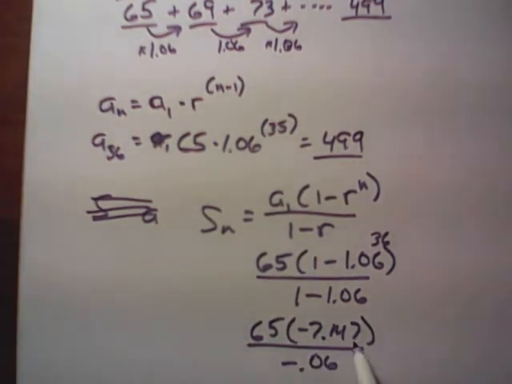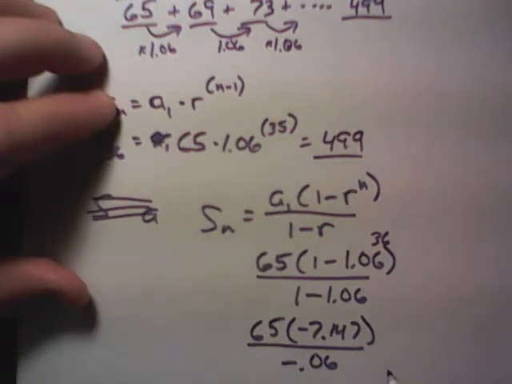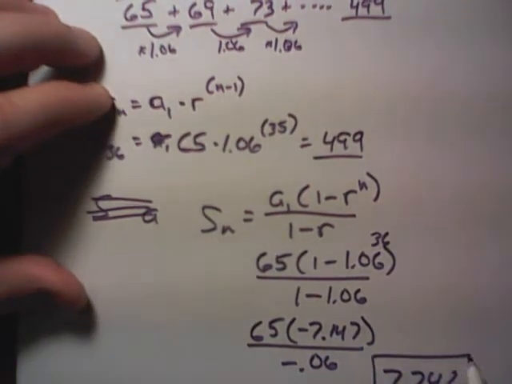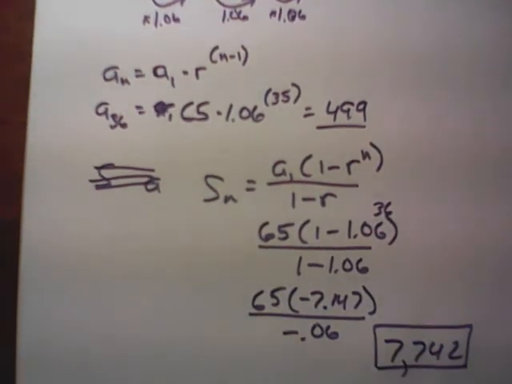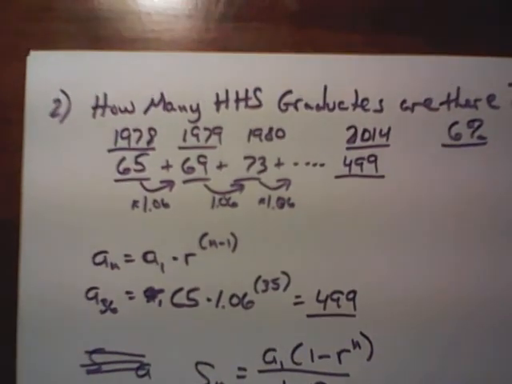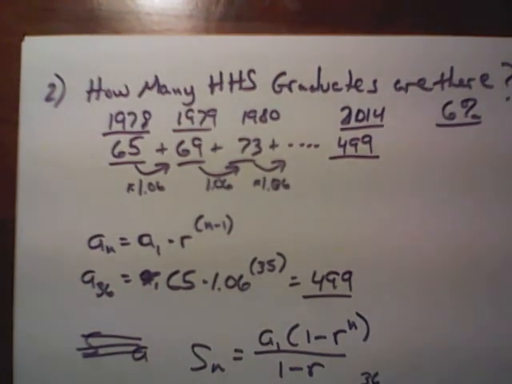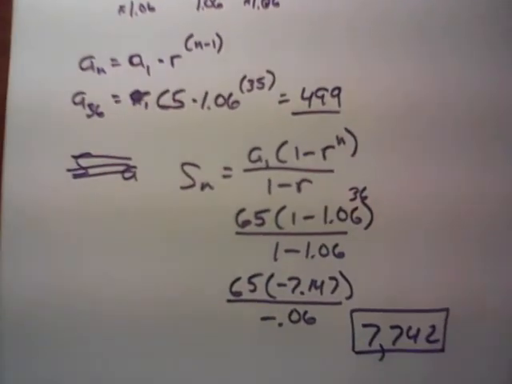So I'm going to take that negative 7.147, and it actually goes on a lot longer than that, multiply that times 65, and divide it by negative 0.06. And what I get is 7,742 graduates of Homestead High School over its entire existence. And that would be how we find the sum of that geometric series.